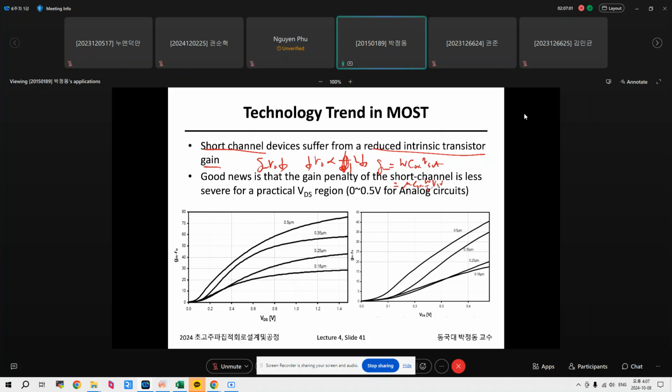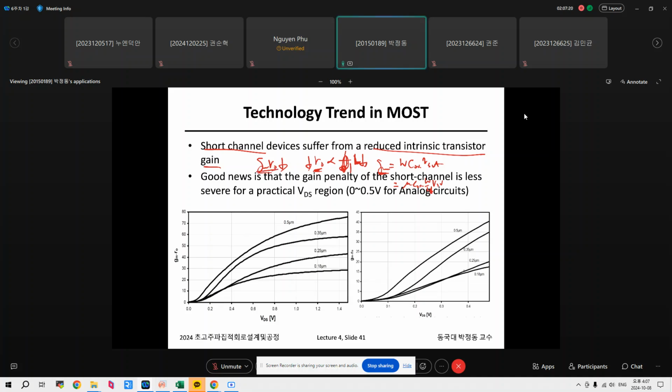So as the gate length is reduced, RO is reduced, but GM is almost fixed for a short channel device. So this is always reduced.